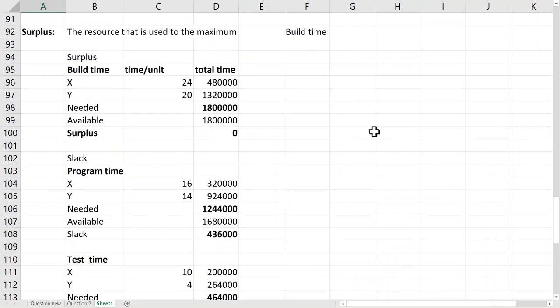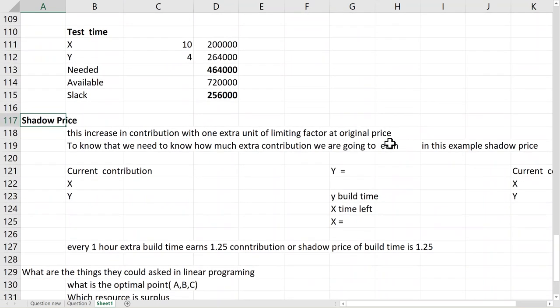Okay, next thing they could ask you is to calculate the shadow price of a limiting factor. Remember, shadow price is only calculated for a surplus resource, meaning the resource that is fully utilized. Shadow price is the increase in contribution with one extra unit of limiting factor at original price.